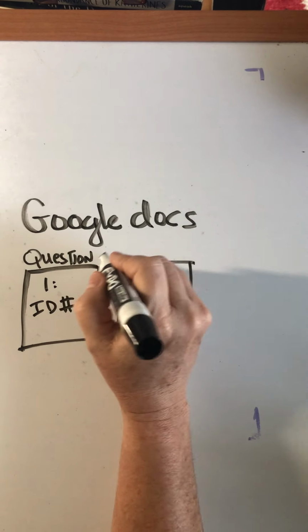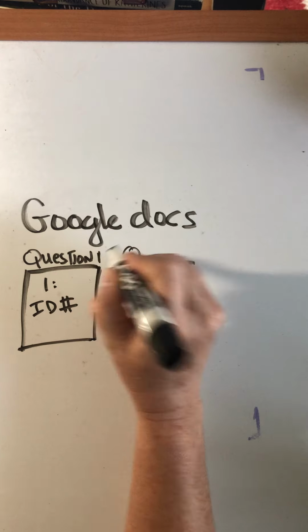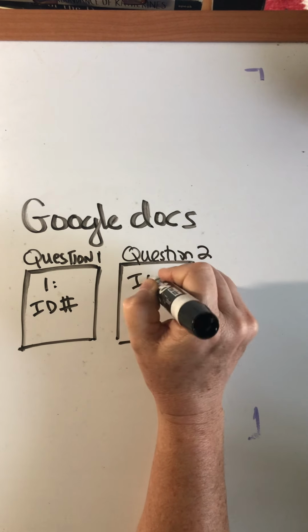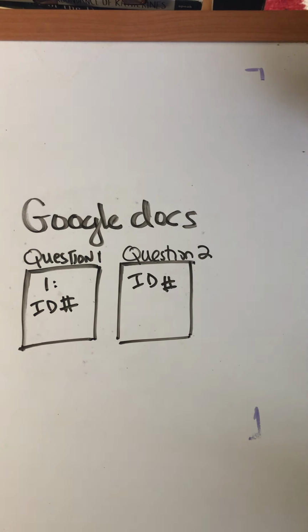And then the second document is going to be question 2, and then your ID number. That is what needs to be at the heading of each of your questions. So you want to have it already created so that when it's time to start, you can click on that document and get started.